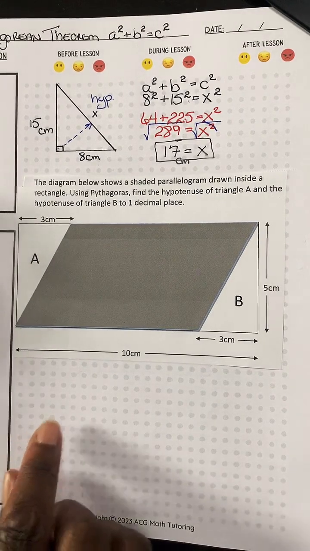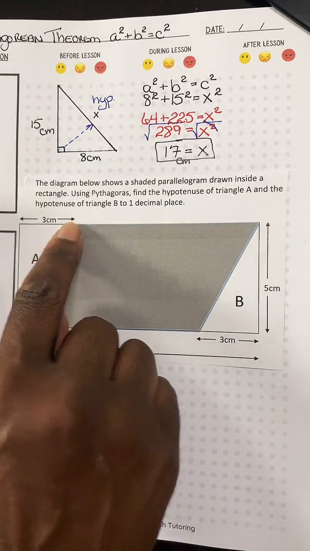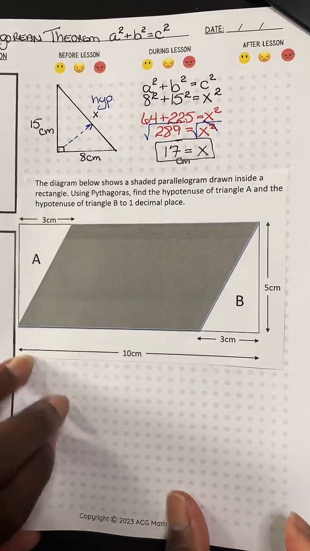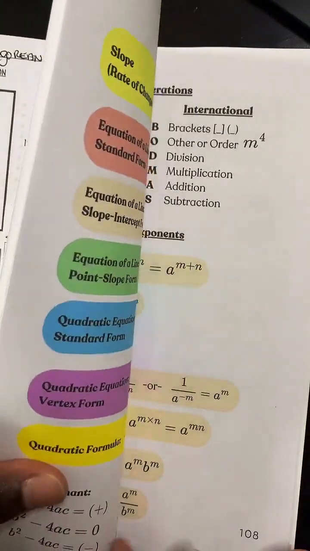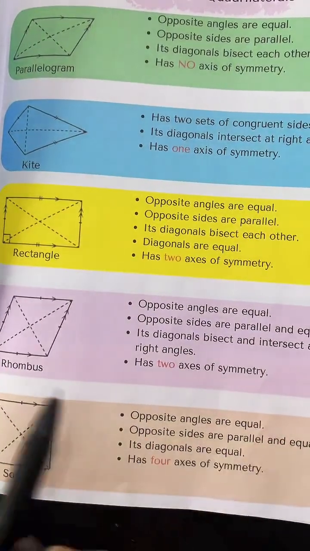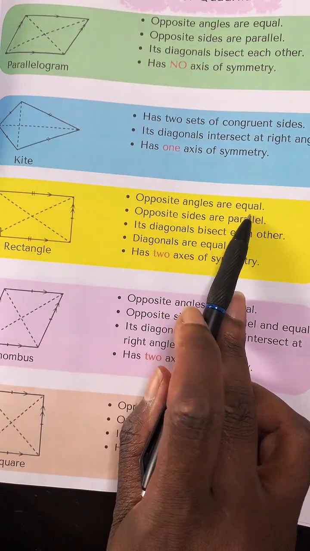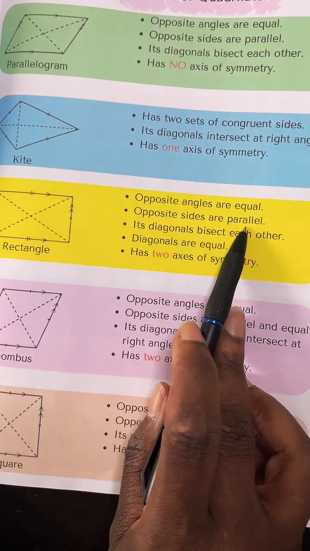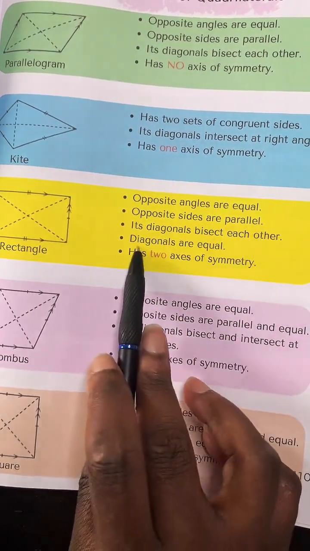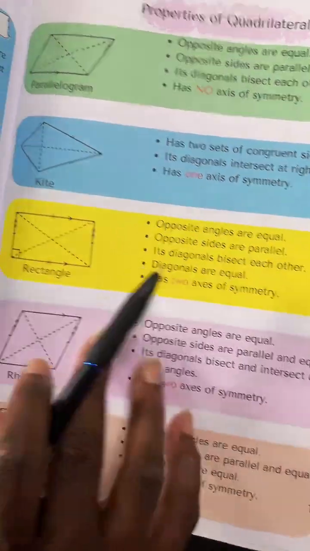We know that this parallelogram is going to be inside of a rectangle. If you're not sure what we know about rectangles, let me come over here. Rectangles: opposite angles are equal, the opposite sides are parallel, its diagonals bisect each other, the diagonals are equal, and it has 2 axes of symmetry.